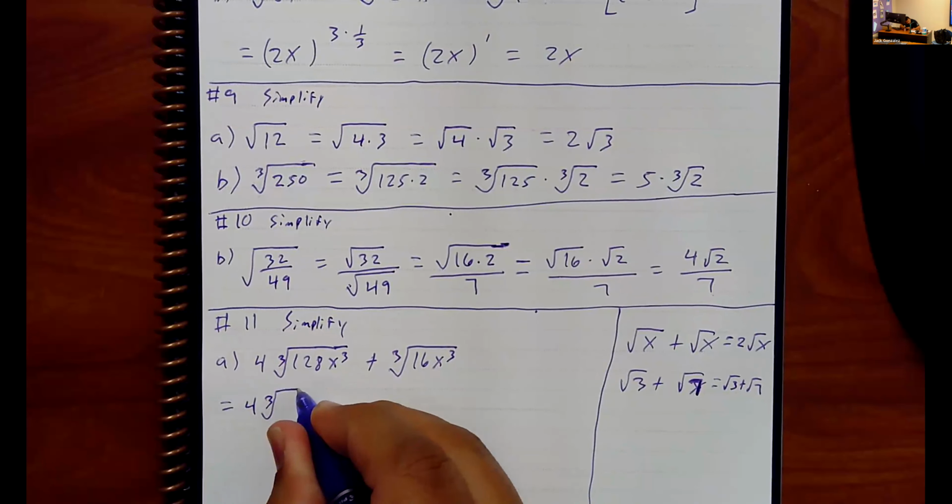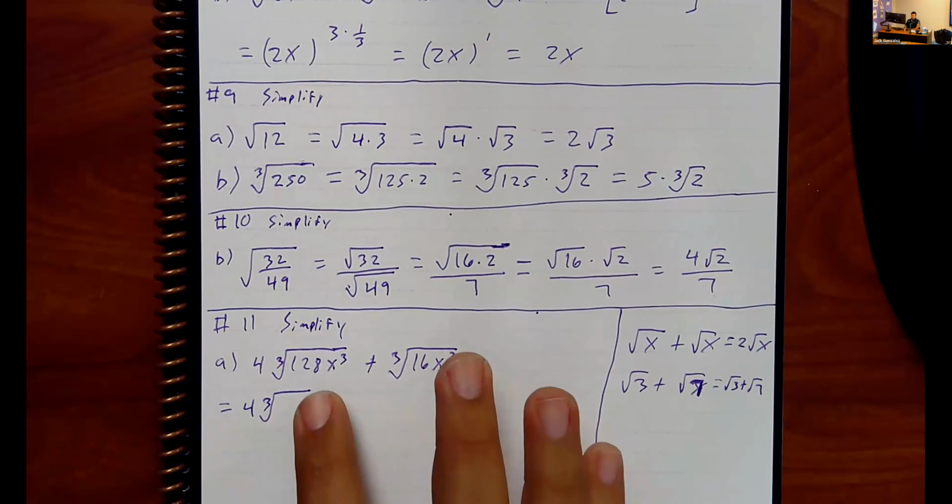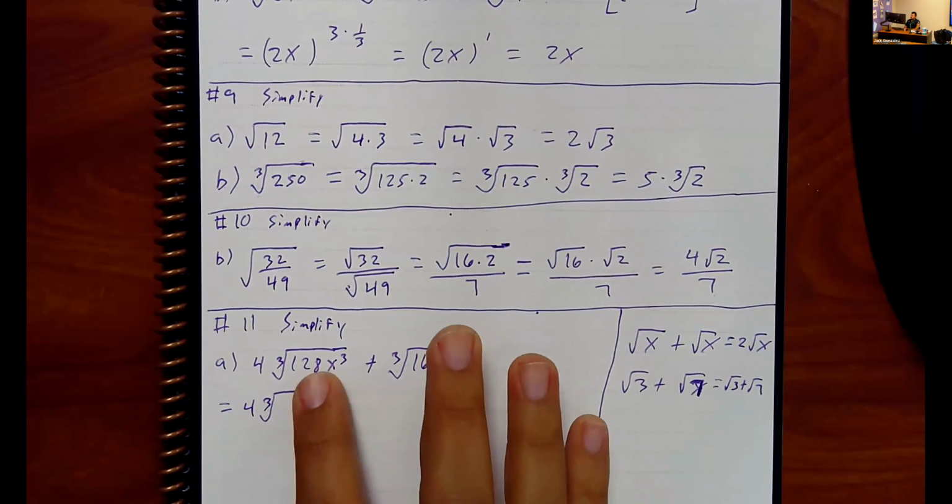So this will be 4 cube root 128. Is that a cube, or does it contain a cube? Does 128 have any cube factors?